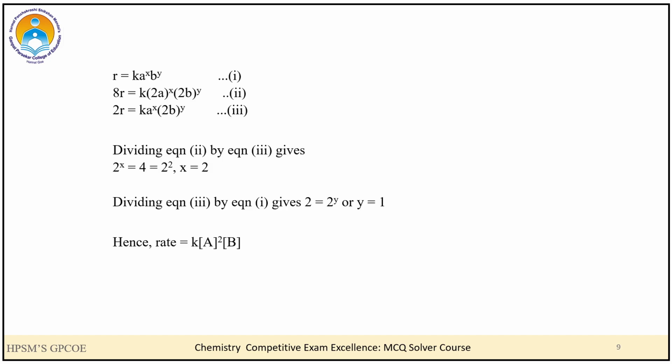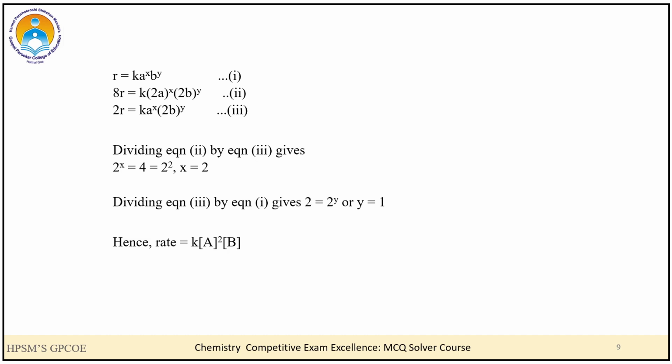Solution. Rate in general can be written as R is equal to K times A raised to X multiplied by B raised to Y. For the first equation, that is for the first sentence, rate increases by 8 times, and hence it is written as 8R is equal to K times the concentration of both the reactants is doubled.